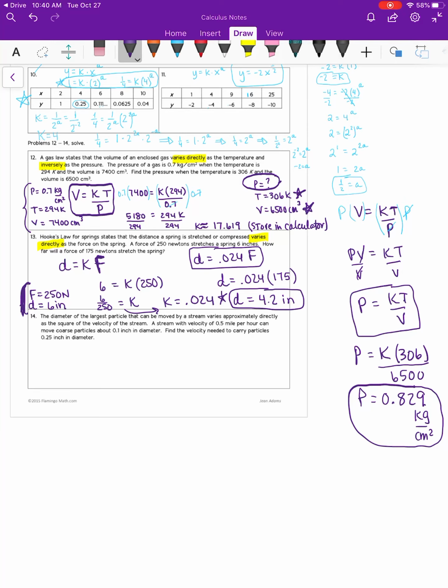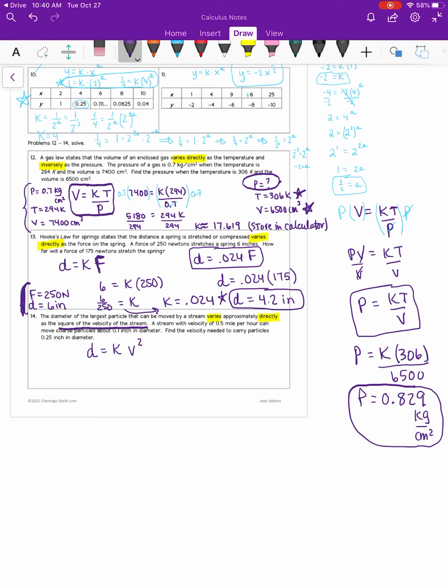Okay, so the diameter of the largest particle that can be moved by a stream varies approximately directly as the square of the velocity of the stream. So the diameter of the largest particle that can be moved has some constant of variation, varying directly as the square of the velocity.